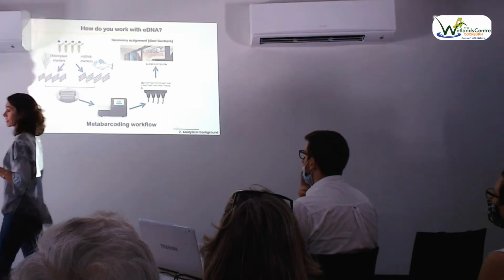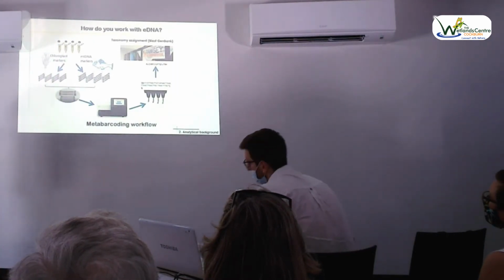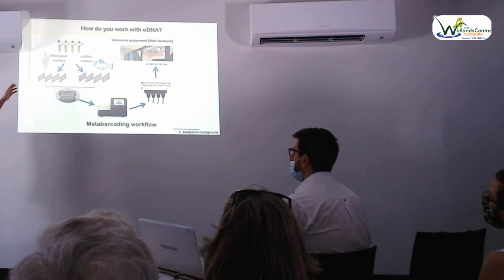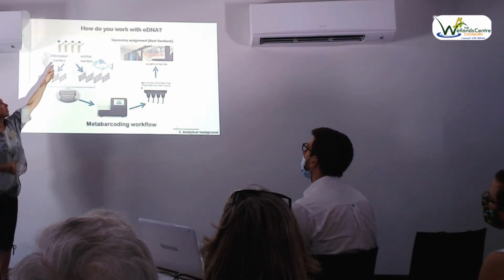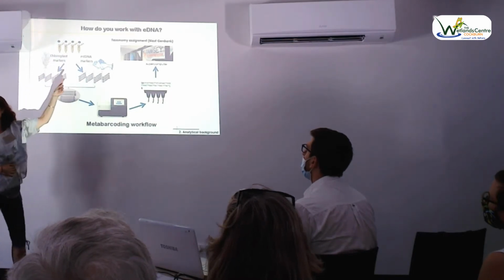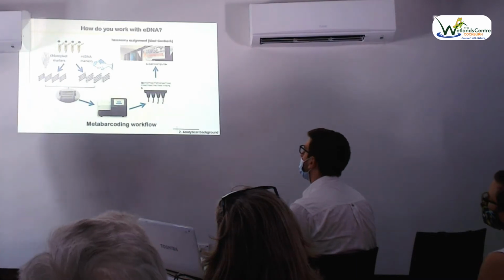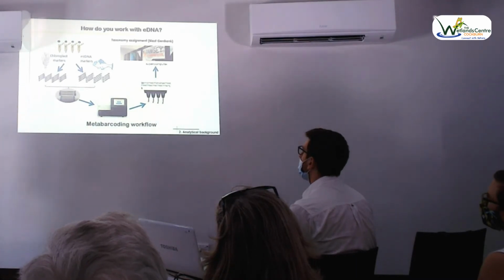This is basically a simple workflow of what we do in the lab. To make it easy, take every DNA extract above, so say this was seawater, this was dirt, this was an air sample, or this was a scat, where you want to see what predators are preying on in their environment. We extract DNA, and it's a mixture.